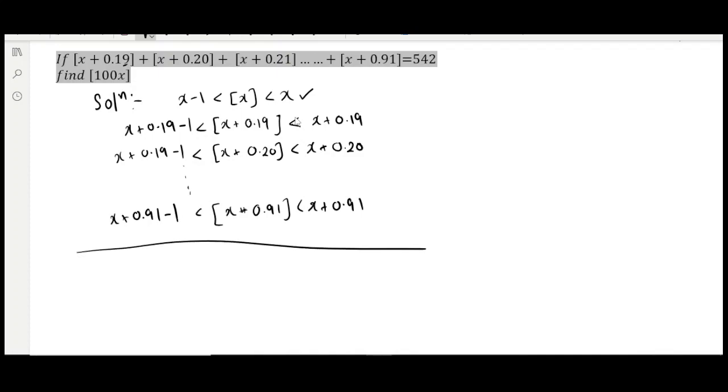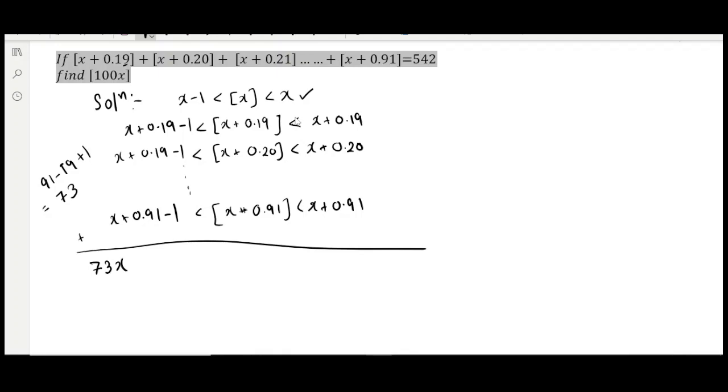If we add all of them, then x will get added from 0.19 to 0.91. So how many terms are there? Basically 19 to 91, so 91 minus 19, but we are adding 1 to include this number also. So we will get 73 terms, right?